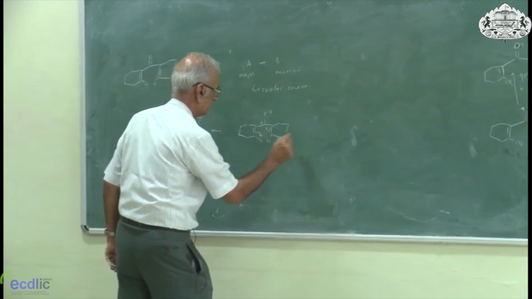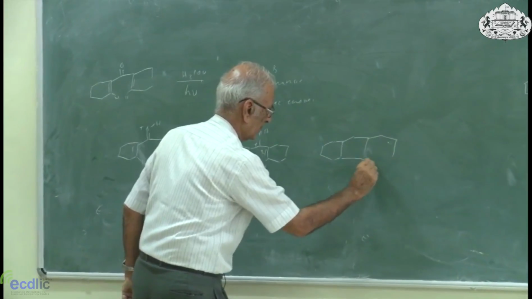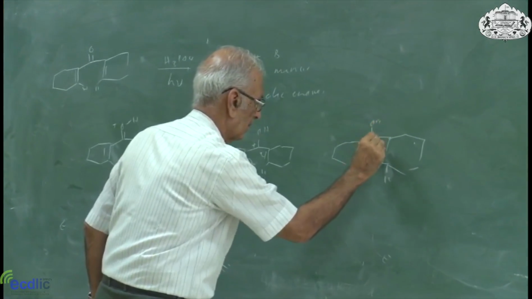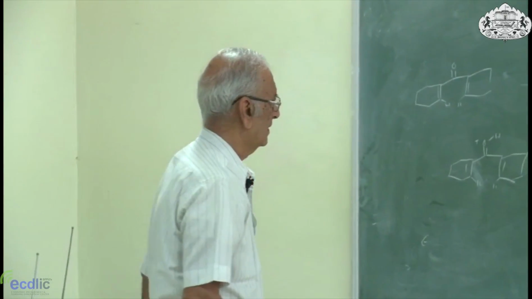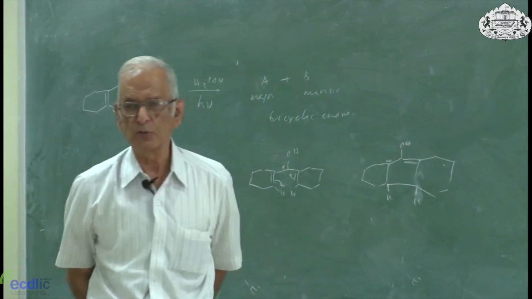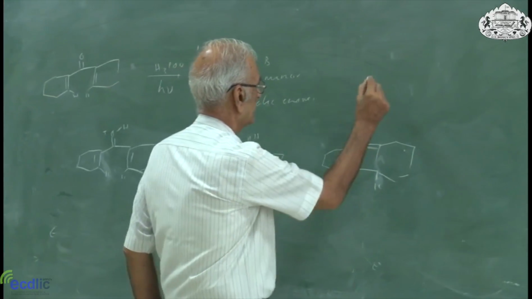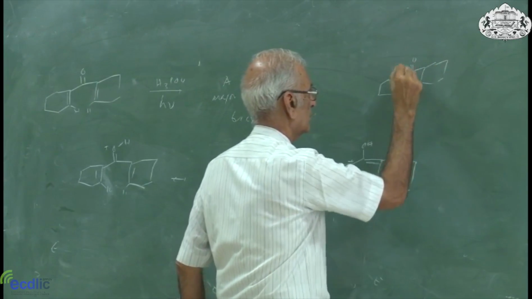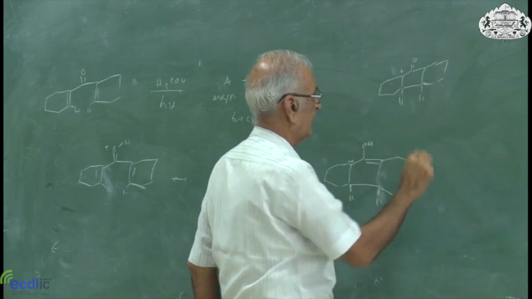Let's do this. Okay. This OH will be converted into ketone. Enol will go to ketone. Why do we get 2 products?